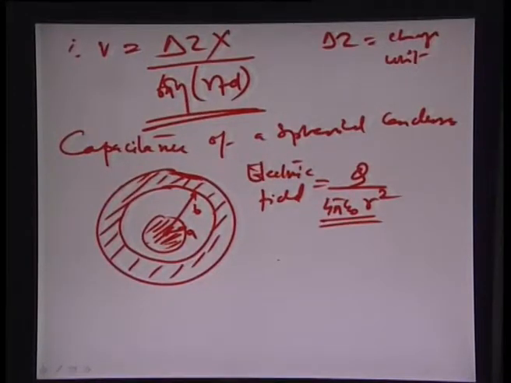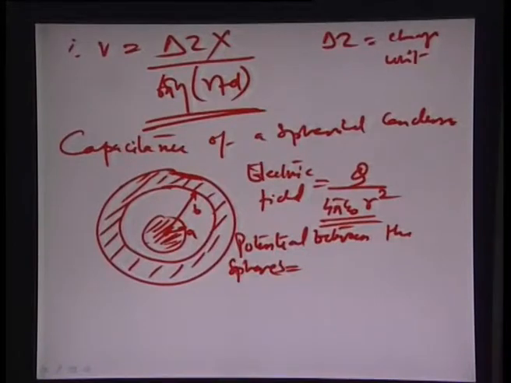So the potential between the spheres in this particular case, that means the hollow sphere and the central sphere, is essentially the integral of E dr, right. Electric field is the gradient of the voltage or the EMF, okay.